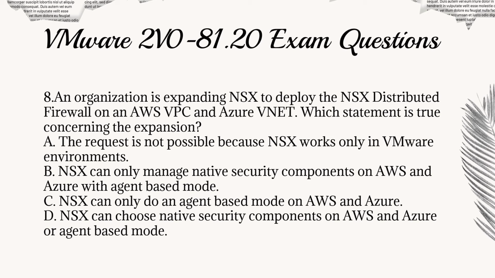B. NSX can only manage native security components on AWS and Azure with agent-based mode. C. NSX can only do an agent-based mode on AWS and Azure. D. NSX can choose native security components on AWS and Azure or agent-based mode.